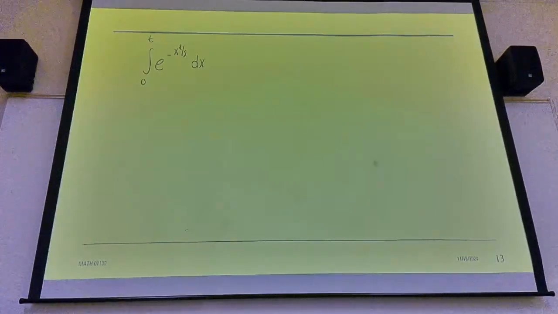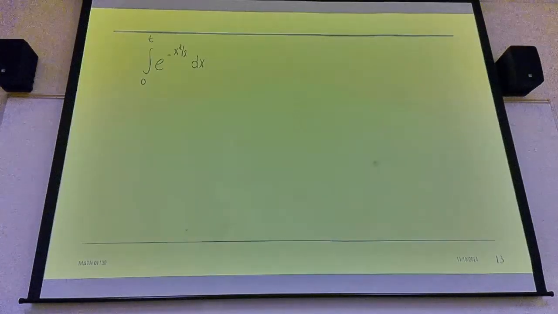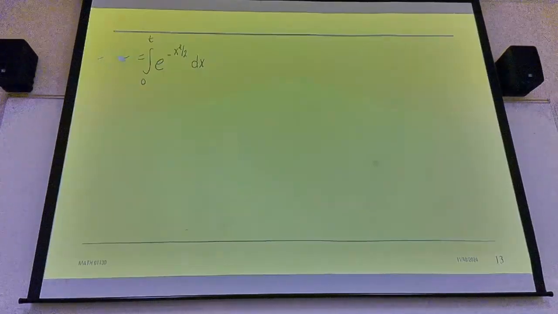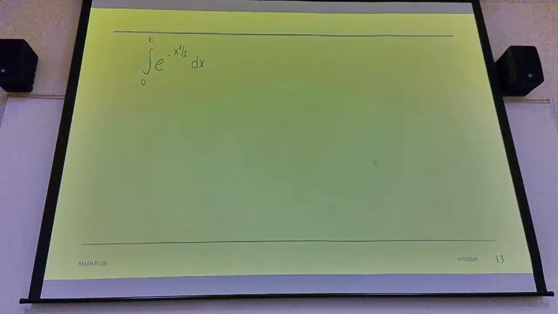Okay, so it's written this way. This function is also a very common function.